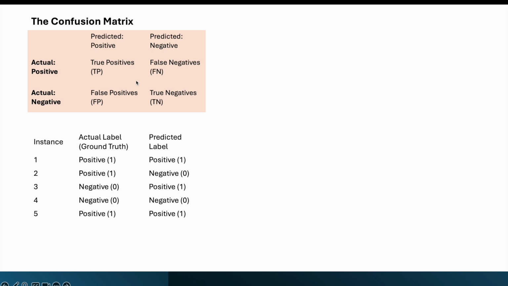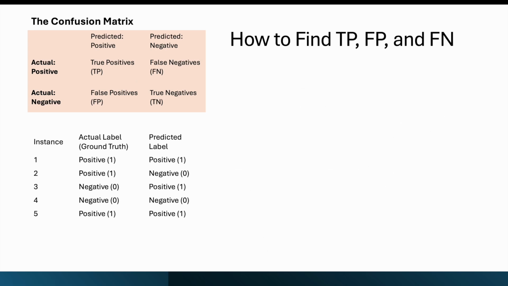Now let's go through the results and how to calculate true positive, false positive, and false negative. This is very important, so concentrate here. I have 5 instances, so I got 5 emails. For the first email, I put the expected result as positive, and my model also said it is positive, so they match. I told it is spam, and the model also told it is spam.